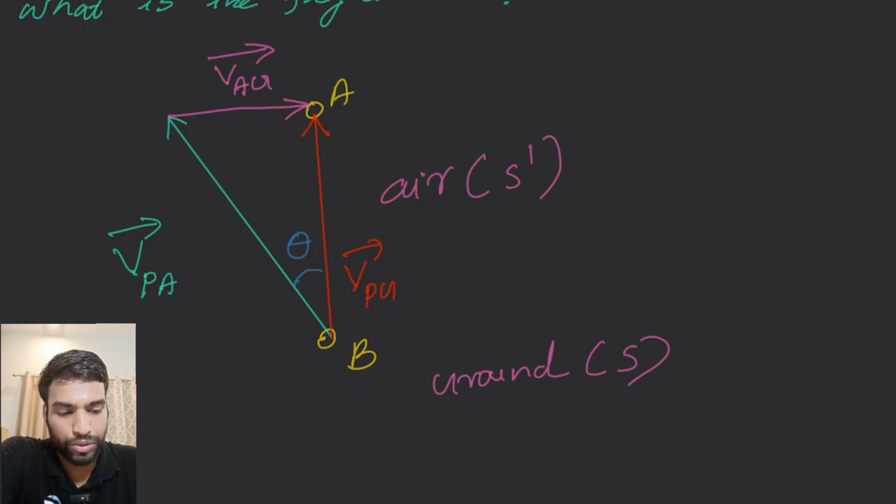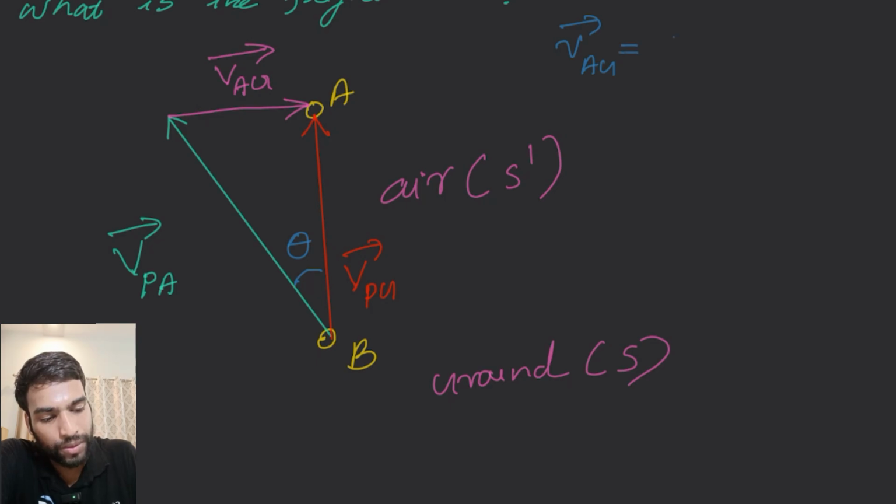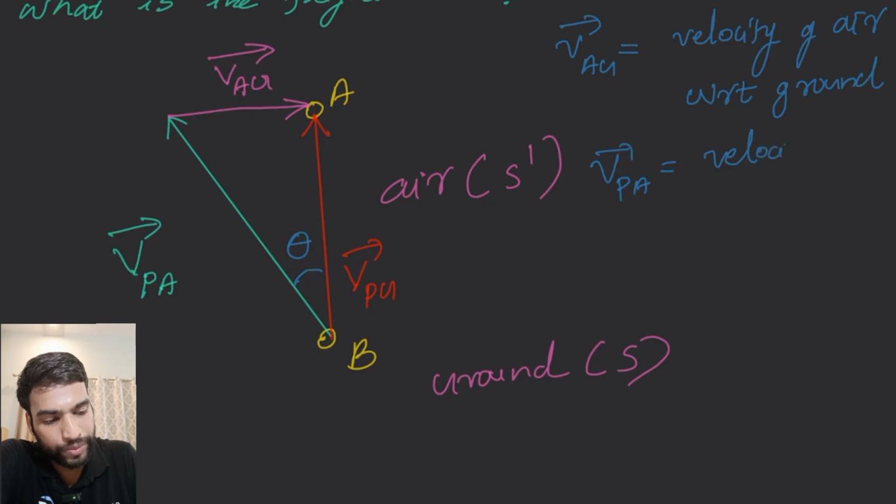Now to avoid confusion, let me write every vector name. VAG is nothing but velocity of air with respect to ground. VPA is velocity of aeroplane with respect to air.